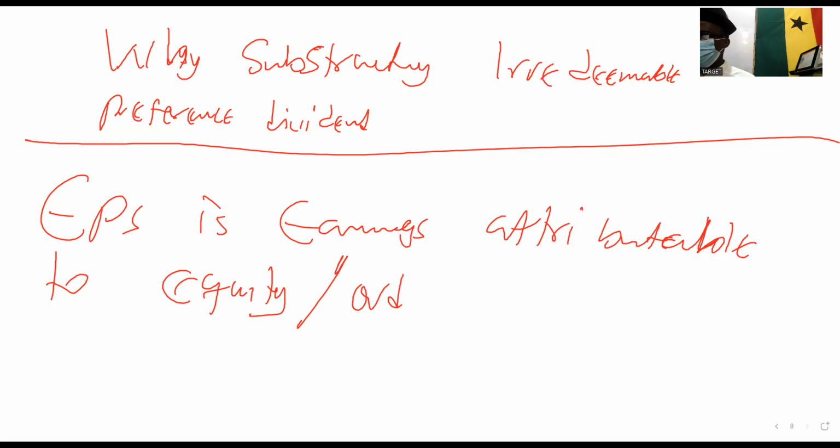So take notice of that. So if the profit contains profit that is attributable to other members, it must be subtracted.